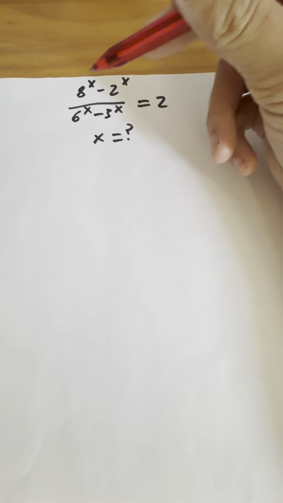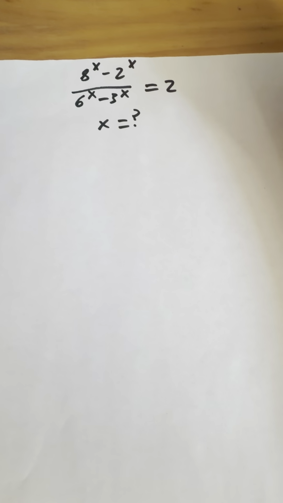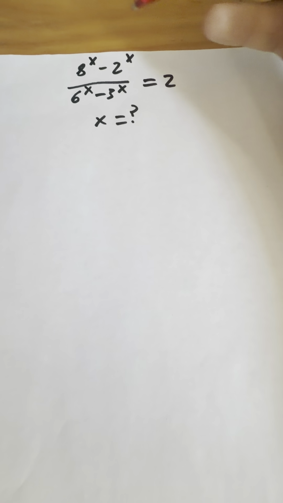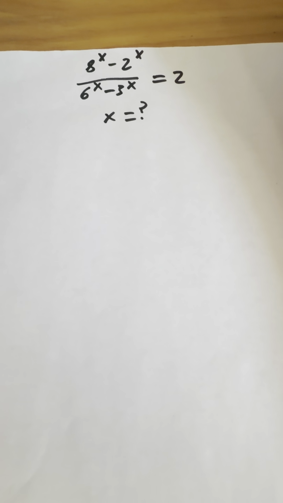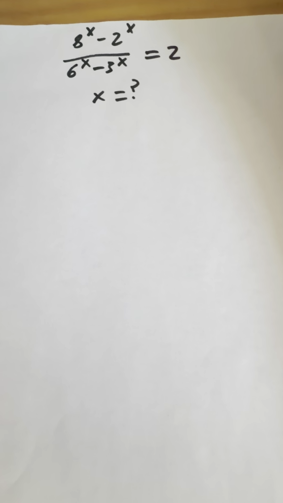Now, if you look at the equation relatively closely, you could see that you could use factoring to simplify the bases. Notice that 8, 2, 6, 3 can be broken down into powers or products of 2 and 3.